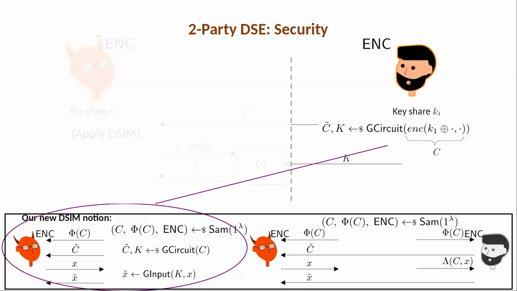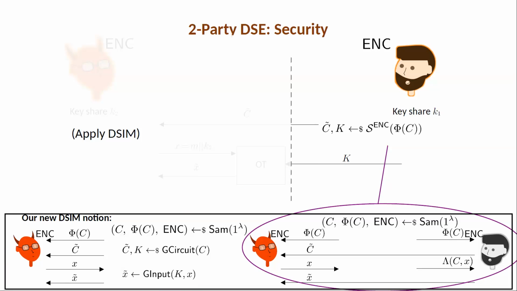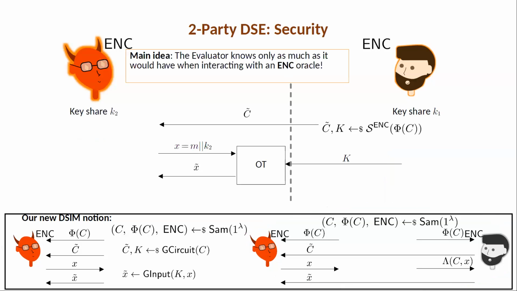We just replace this honest garbling with the simulated garbling. And here, the leakage is just the public encryption algorithm. And that's all. The intuition here is just that the evaluator does not learn much more than it would have just interacting with the ideal protocol alone.